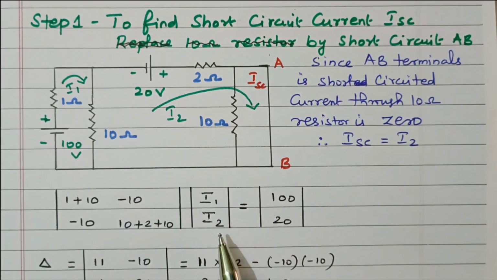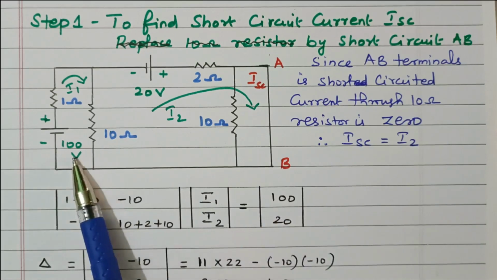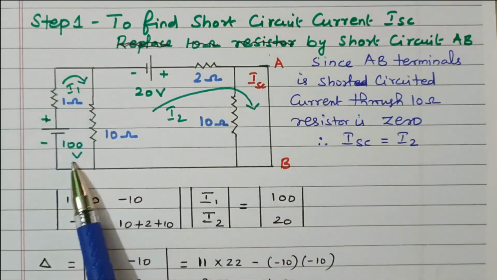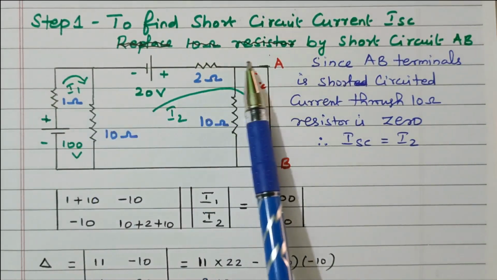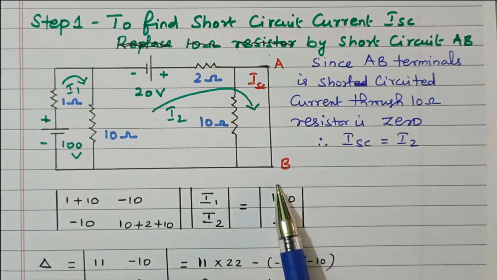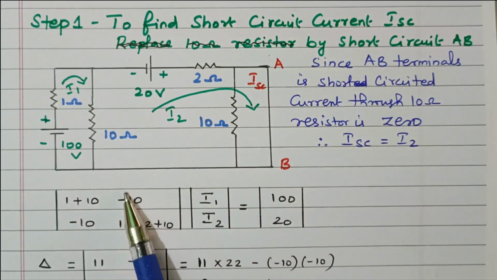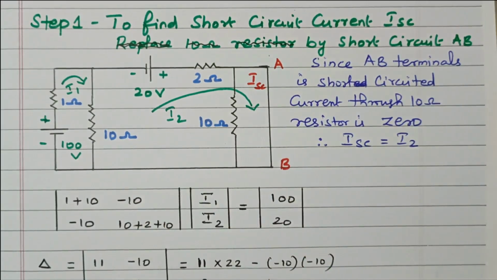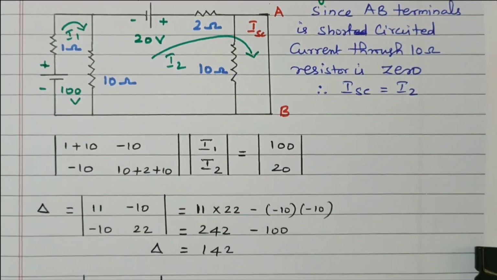Then the currents are I1 and I2. The voltage in the first loop is 100 volts, and in the second loop is 20 volts. So we have the voltage matrix, current matrix and resistance matrix. I will go on to the further simplification.